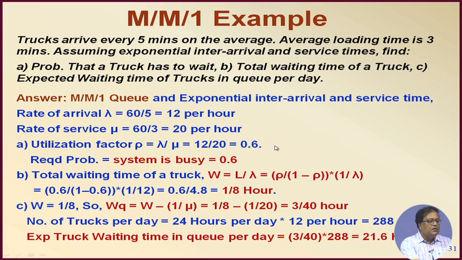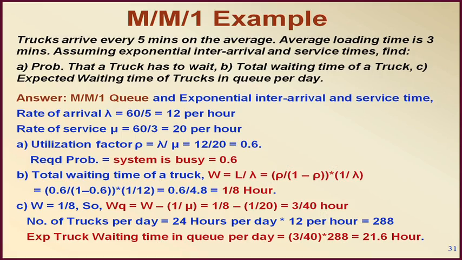Once we get the 0.6 utilization factor, then the system is busy, because the question was the probability that a truck has to wait. So, when does a truck have to wait? The truck has to wait when the system is busy, right. And what is that probability? 0.6. Why? Because utilization factor is 0.6. I told you before that utilization factor is nothing but the busy percentage, right.